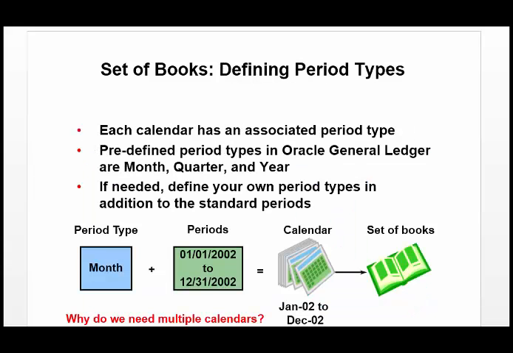We talked about periods, and we said that periods have status. They are either open, closed, permanently closed, or future enterable. They will be open in the future. So every calendar has its set of periods.